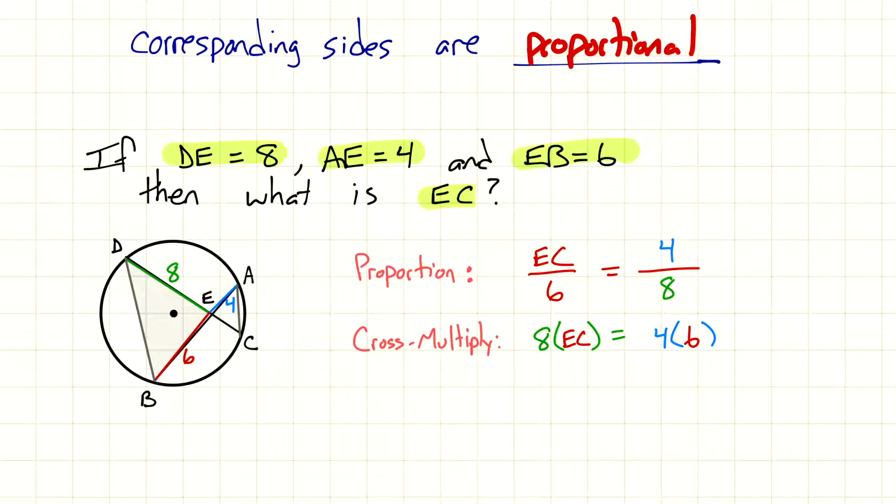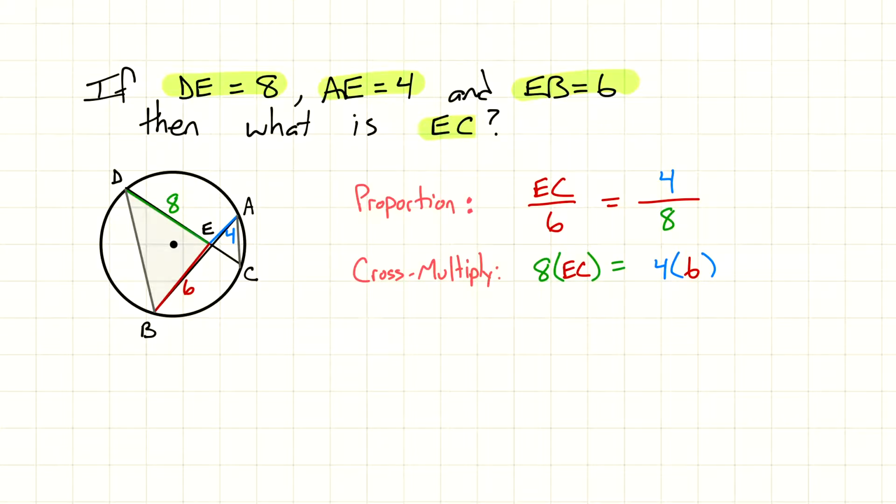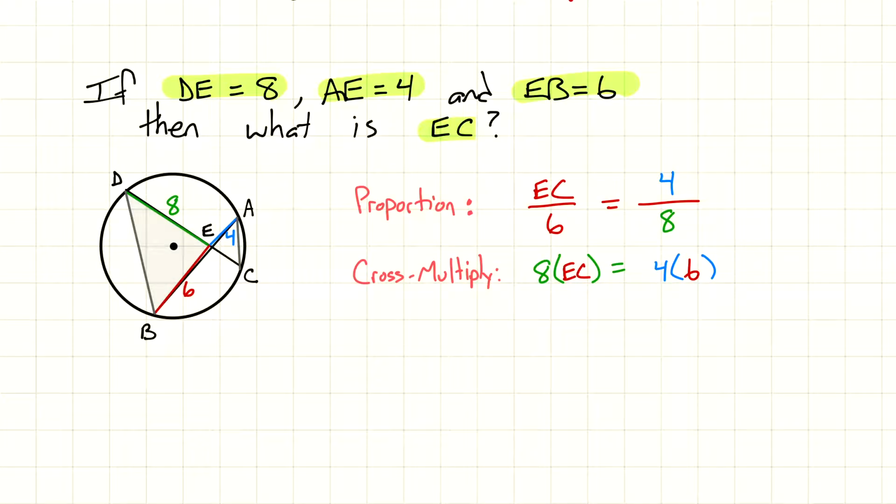At this point we solve this, maybe divide both sides by 8, and we're left with EC equal to 3. So this measurement here is going to be 3.